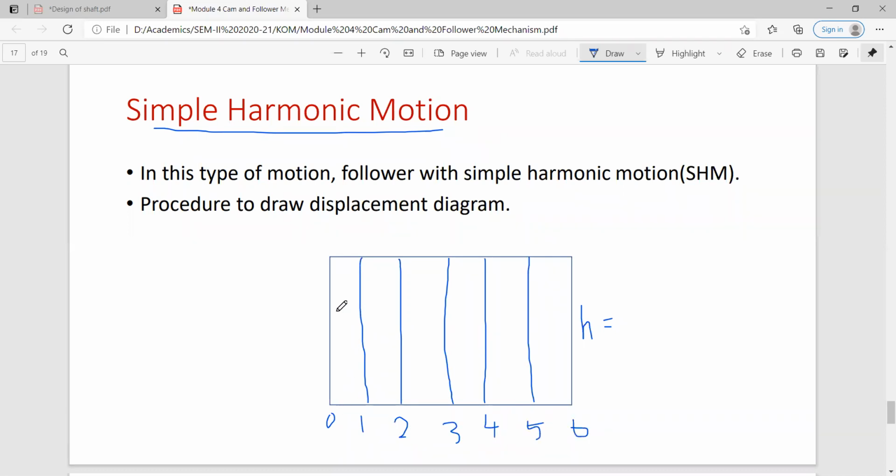Now what you have to do here, the method is different. So this particular line which is equal to h, you take it as diameter, so its center will be at the midpoint, and taking it as diameter you draw a semicircle.